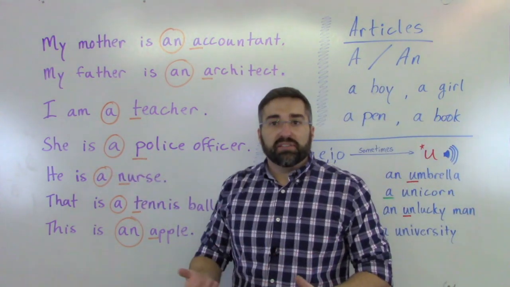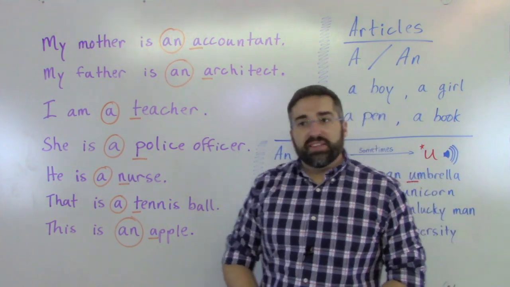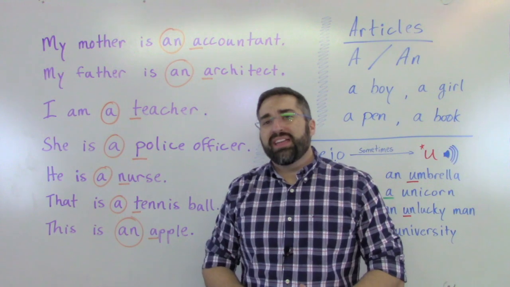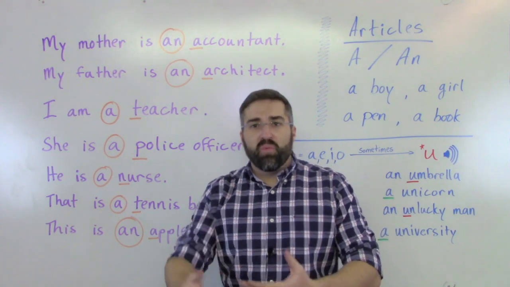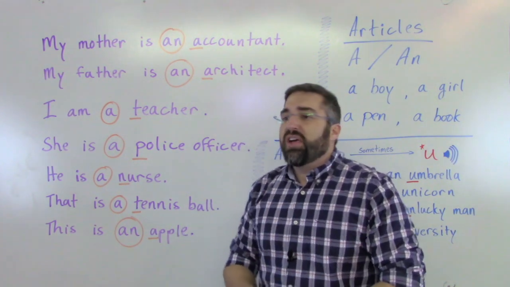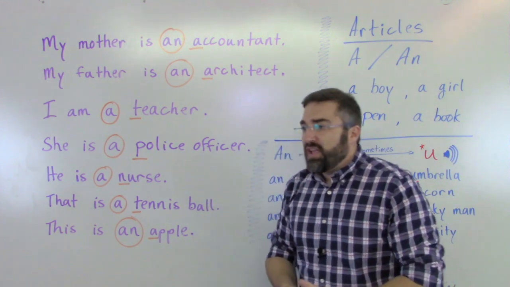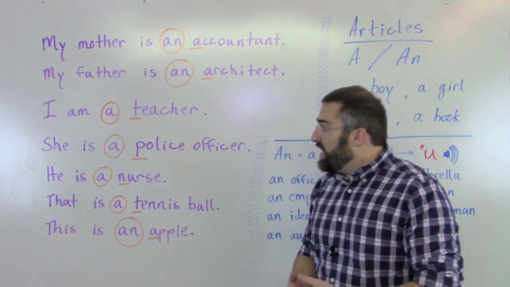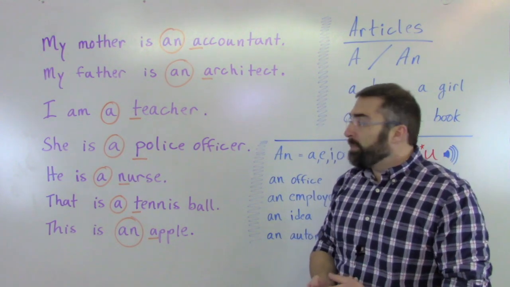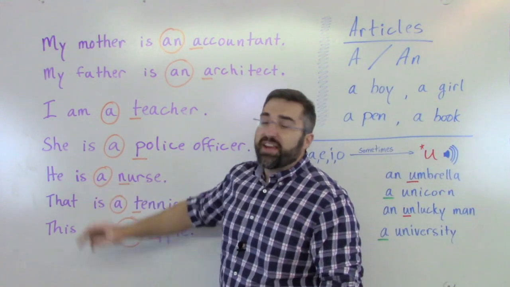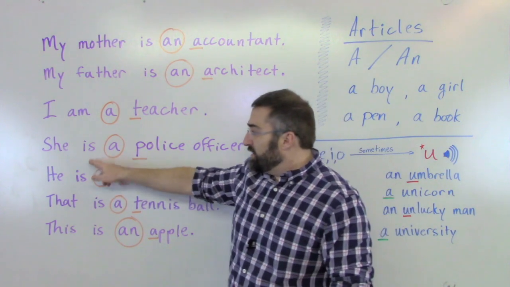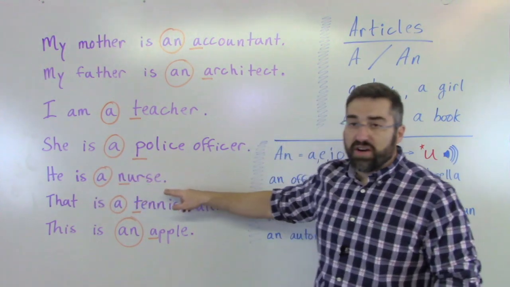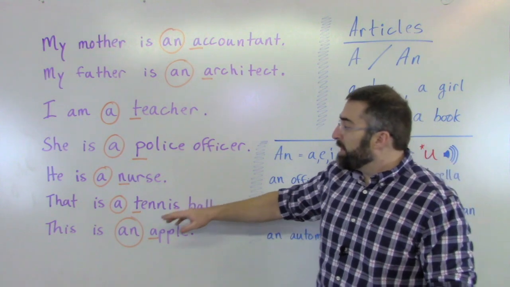She's a. Okay? We don't say she is a. Sometimes we might say it that way, depending on how we want to put our message out. But most likely, we say she's a. She's a police officer. Same thing down here. He's a. She's a. He's a nurse.